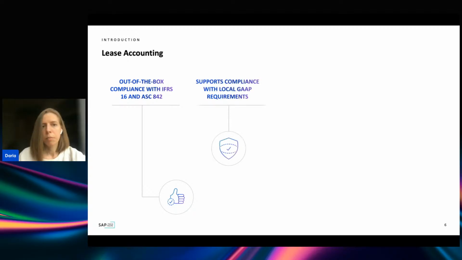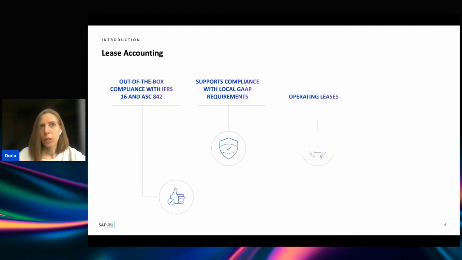On top of this, you can also cover the requirements of local GAAP related to lease accounting, and you can add this new valuation principle to the same contract that is already evaluated in accordance with IFRS 16 or ASC 842.